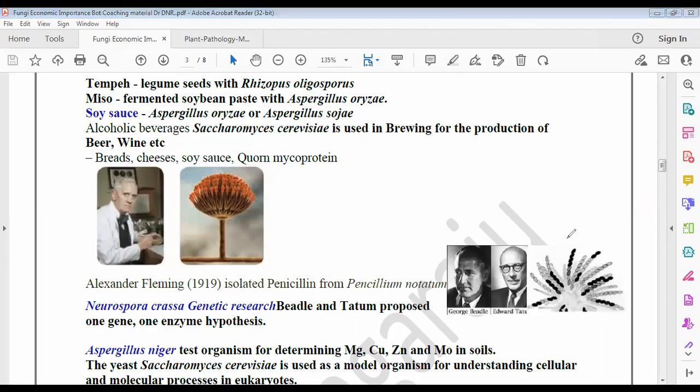By using this Neurospora crassa, they established the theory of one gene, one enzyme. That means one gene can produce only one type of enzyme, not other types. Only one enzyme or one protein can be produced by one gene.